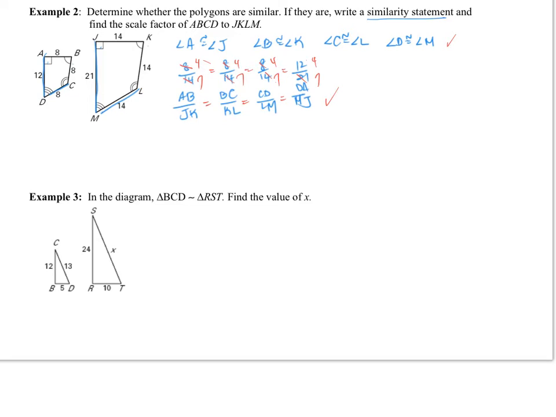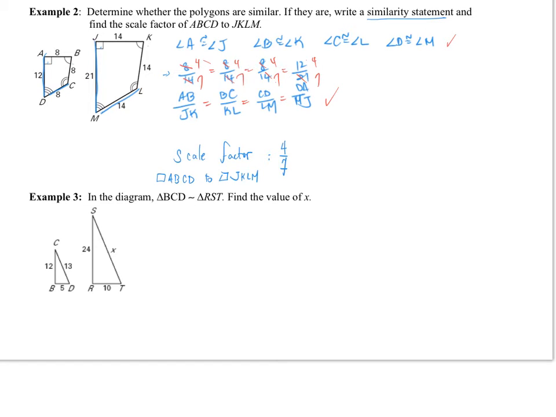And then the scale factor would just be taking any of these ratios here, so it's just 4 to 7 for all of them. And this would be the scale factor of quadrilateral ABCD to quadrilateral JKLM.